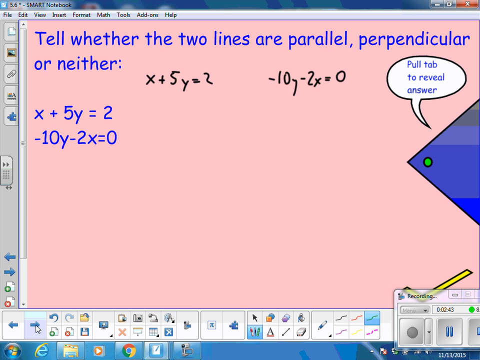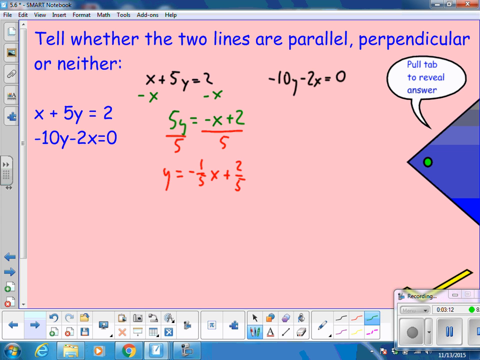Let's try it out on this one. Check whether two lines are parallel, perpendicular, or neither. So in order to make this happen, we need to identify the slope. So I'm going to get this in slope-intercept form. So y equals -1/5 x plus 2/5. Okay, so I see my slope on that one.